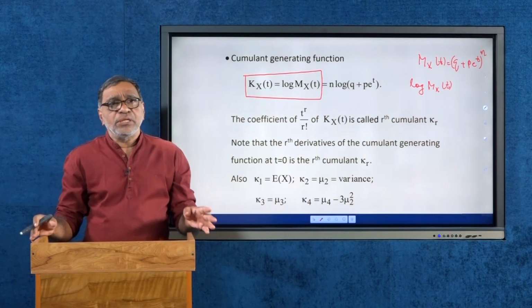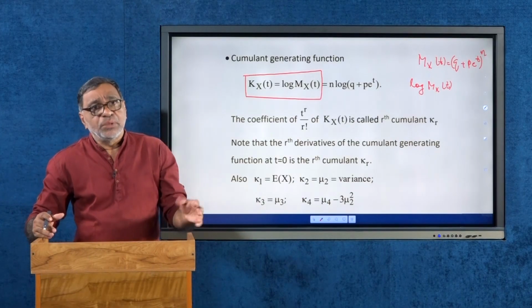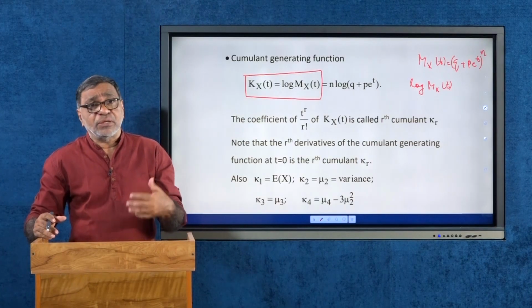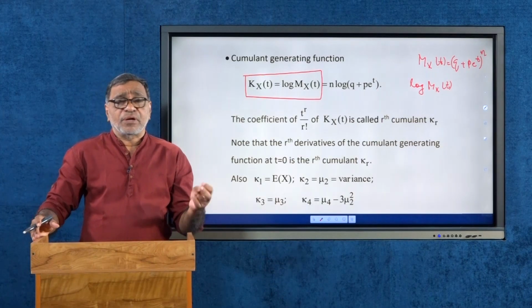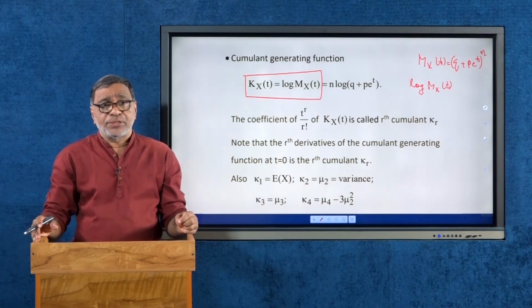And what is the advantage of knowing this function? We can find the cumulants of the random variable if we have the value of this generative function.